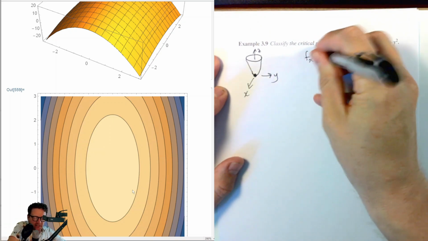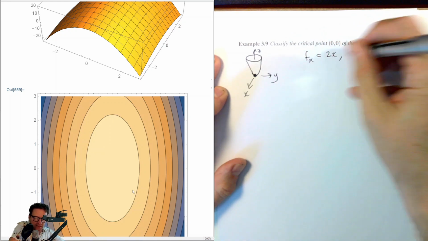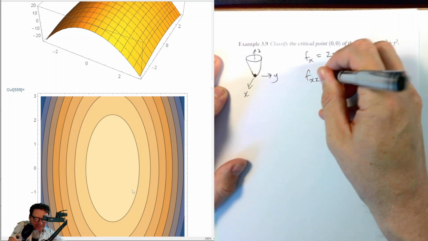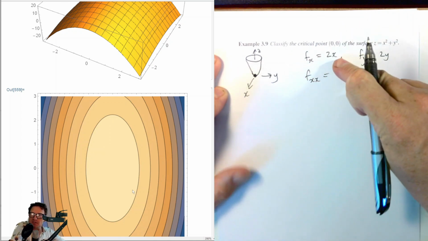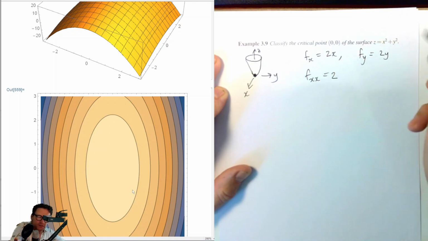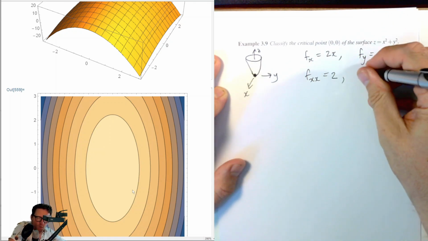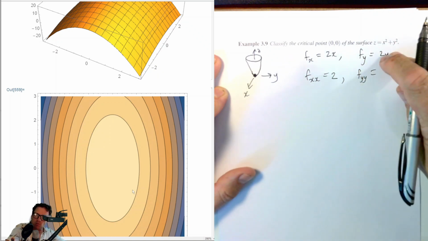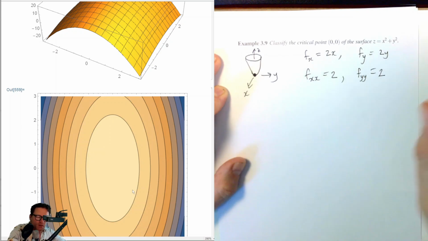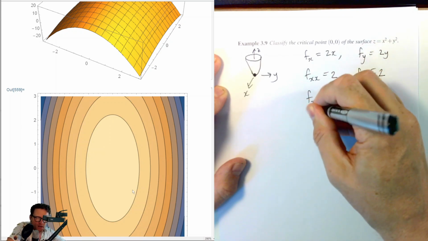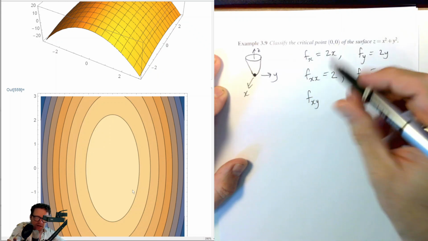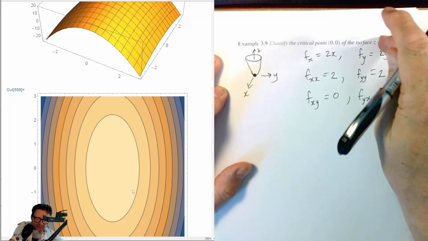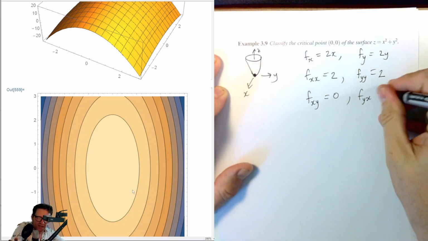So f subscript x, just looking at that, we have 2x. f subscript y is 2y. f_xx is the derivative of this partially with respect to x, which is 2. f_yy is the derivative of this partially with respect to y, which is 2. f_xy is the derivative of this with respect to y partially, but that's 0. And f_yx is the derivative of this partially with respect to x, which again is 0.